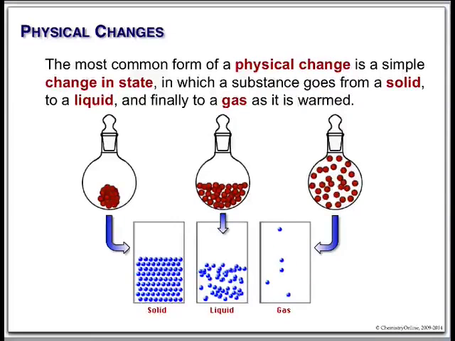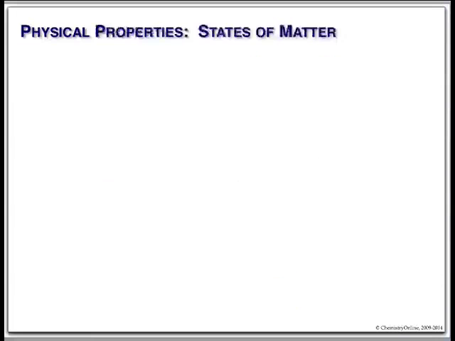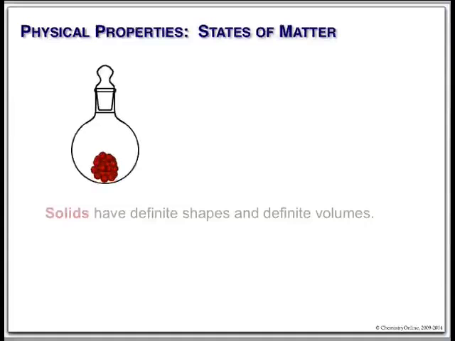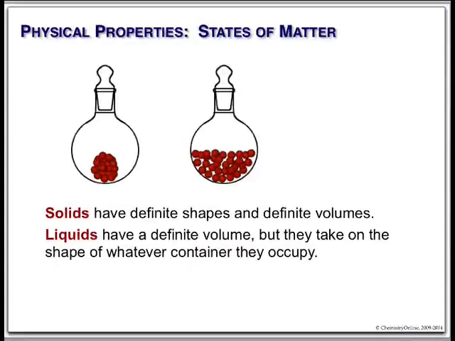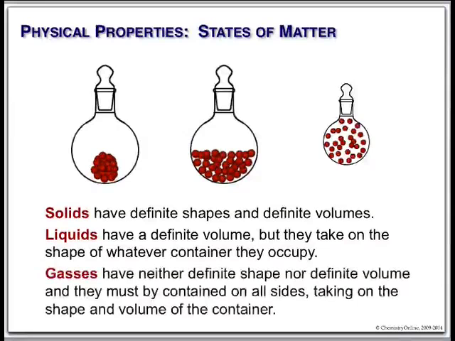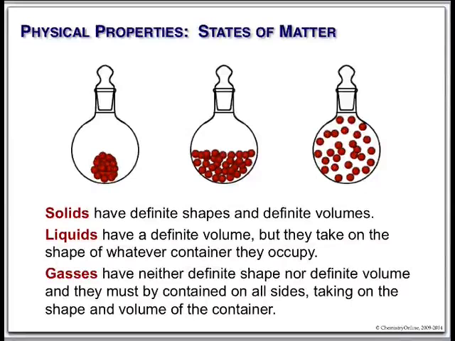It's still going to have the same shape and the same volume. Liquids, on the other hand, have a fixed volume, but whatever container you put it in, they will form to fit the container. The water in your water bottle goes to the shape of your water bottle.